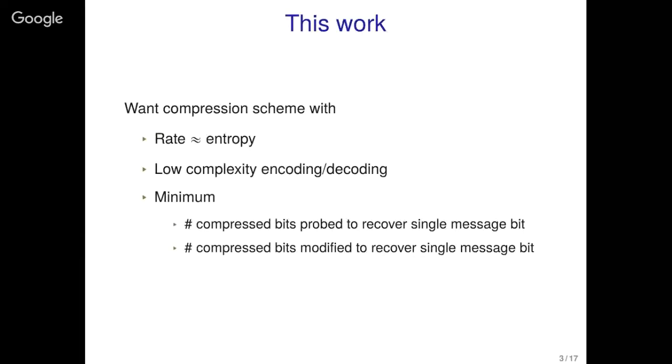So basically, you want to minimize the number of bits of compressed data that you need to probe in order to recover a single message bit. And at the same time, you want to minimize the number of bits of compressed data that you need to modify in order to update a single message bit.